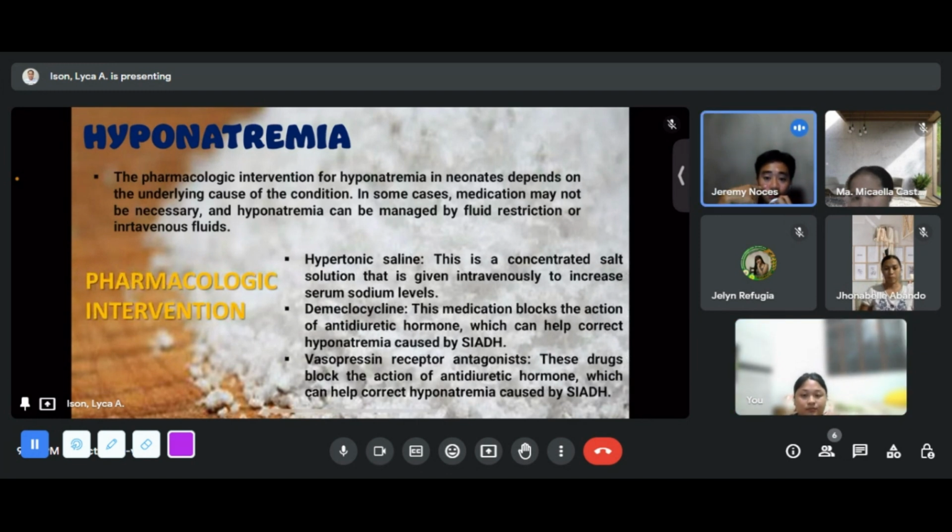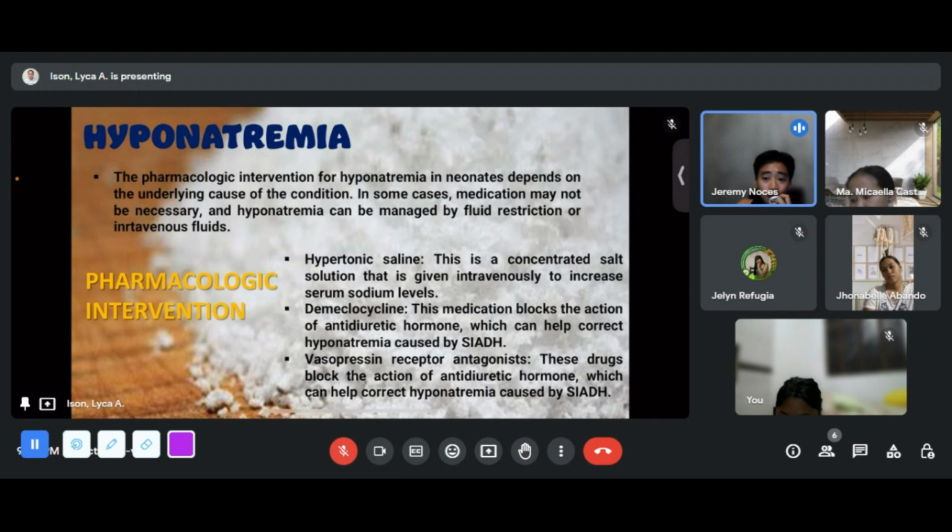Pharmacologic intervention. A pharmacologic intervention for hyponatremia in neonates depends on the underlying cause of the condition. In some cases, medication may not be necessary and hyponatremia can be managed by fluid restriction or IV fluids.